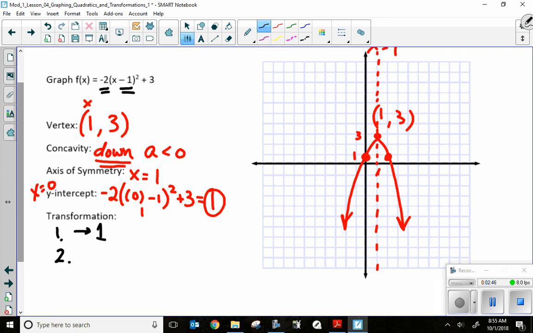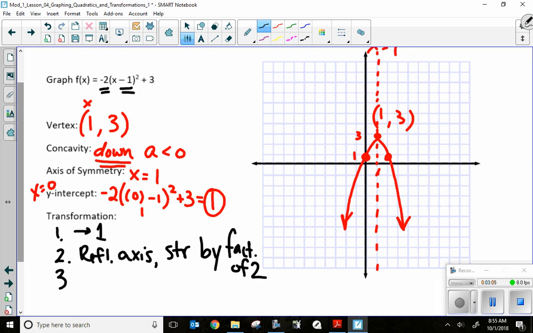The negation means it's going to reflect over the x-axis. That's what the negative sign means. And the 2 tells me that we're going to have a vertical stretch by a factor of 2. The last transformation means I move up 3.